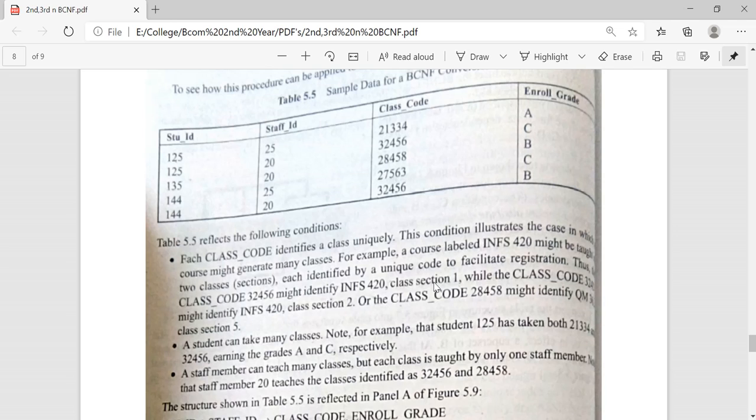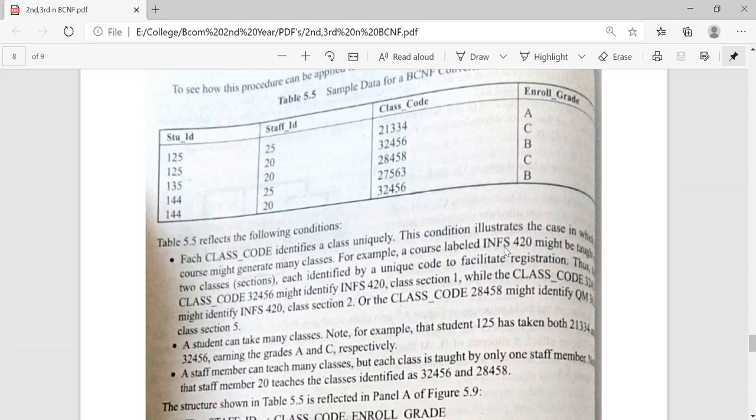So okay, each class is given a class code uniquely to identify it uniquely. So here, class code 32456 will identify, see, oka course undamma, that course is INFS 420. దాన్ని 2 సెక్షన్స్లో చెప్తున్నాను.